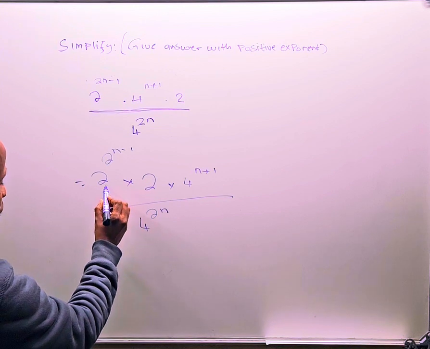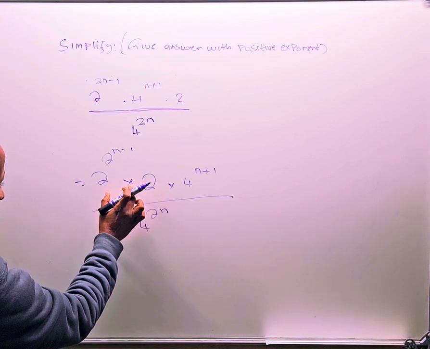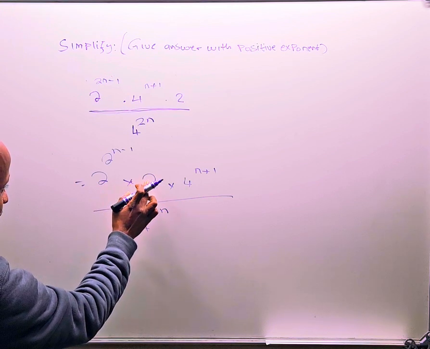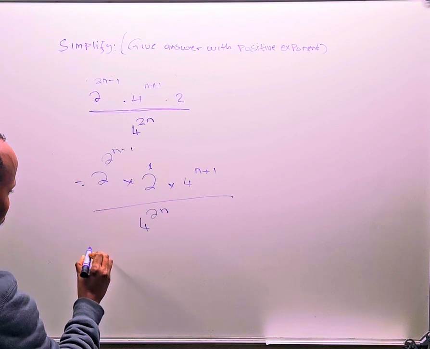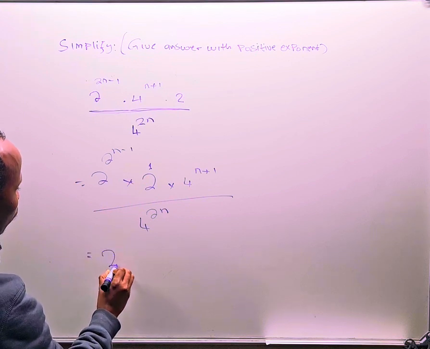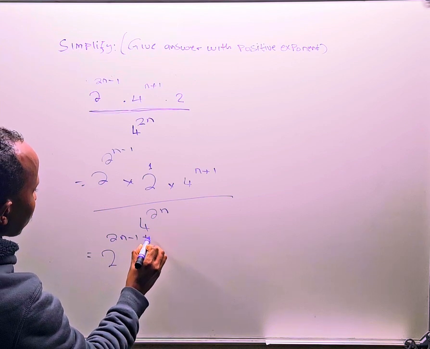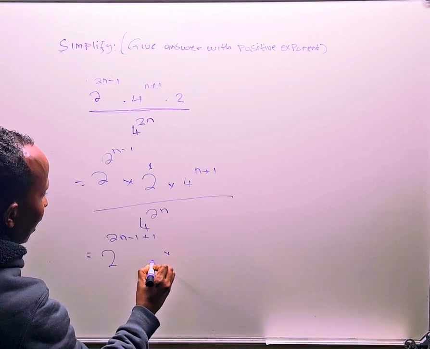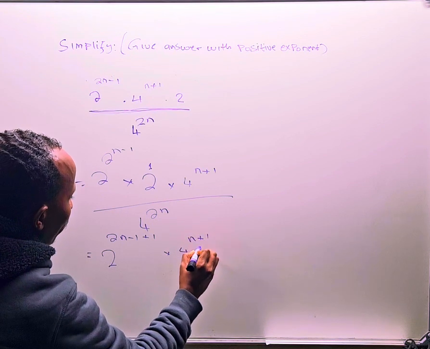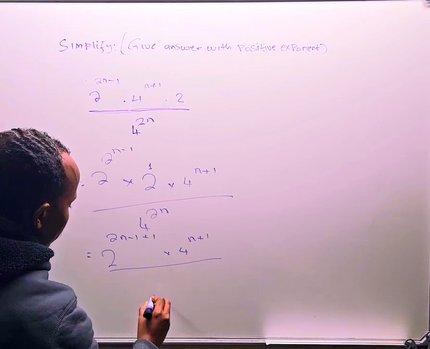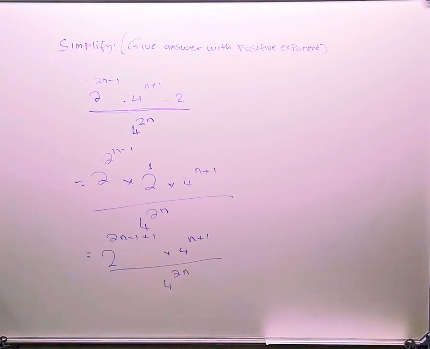So I see the first two exponents have the same base, and I am multiplying. And this power goes to 1. So this equals 2 to the power of 2n minus 1 plus 1, times 4 to the power of n plus 1 over 4 to the power of 2n.